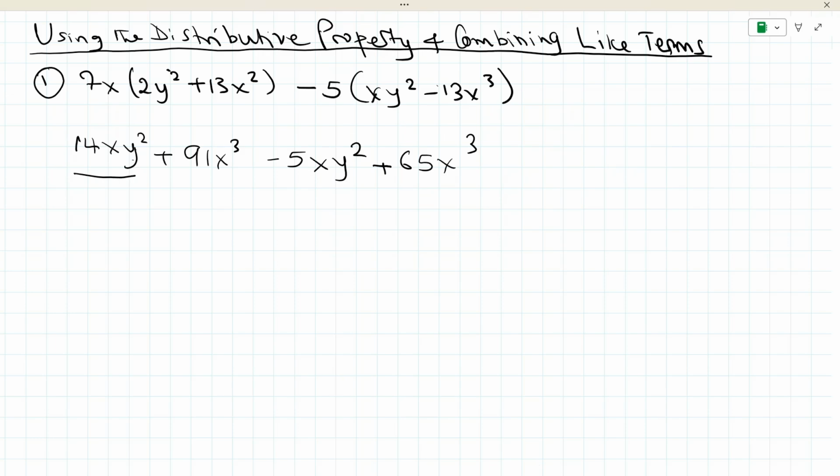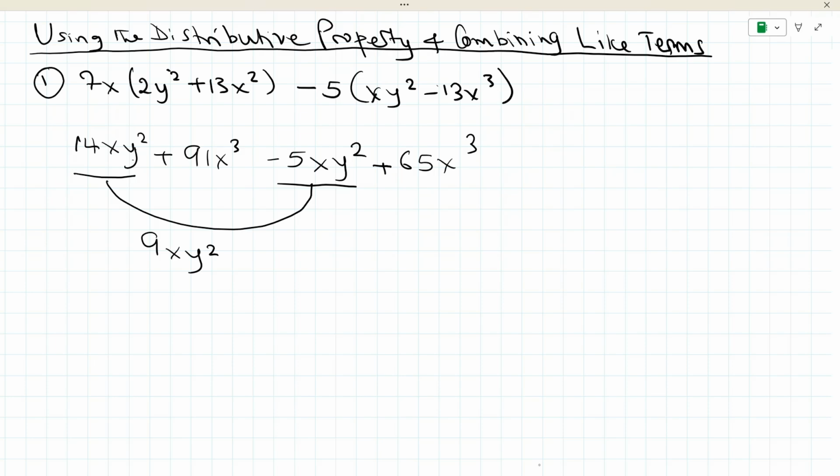So 14xy squared is very similar to minus 5xy squared. So we say 14xy squared minus 5xy squared to leave us with 9xy squared. And then we have 91x cubed minus 65x cubed.